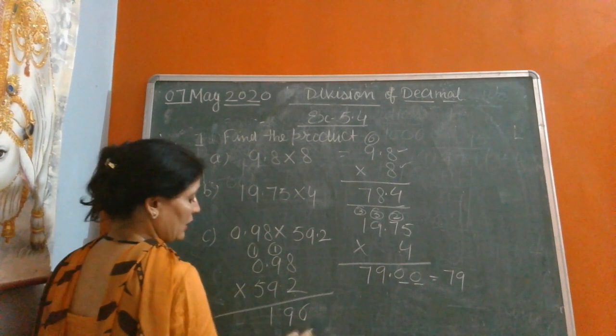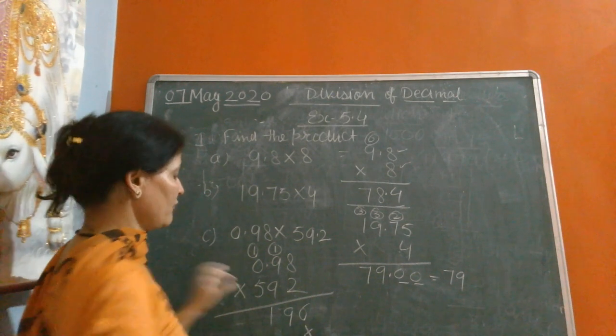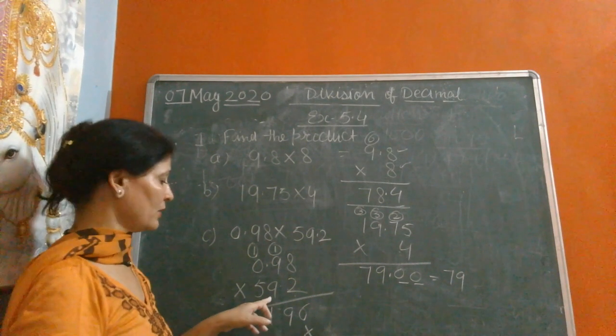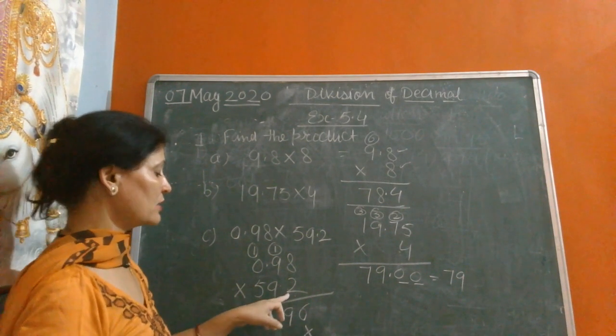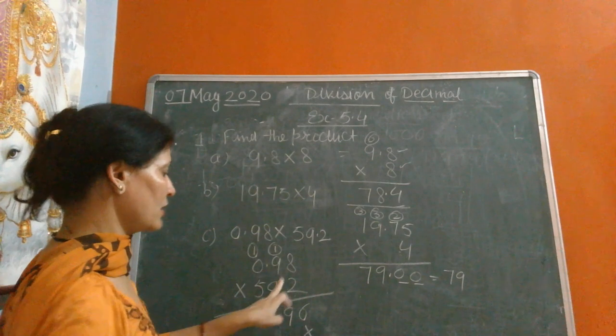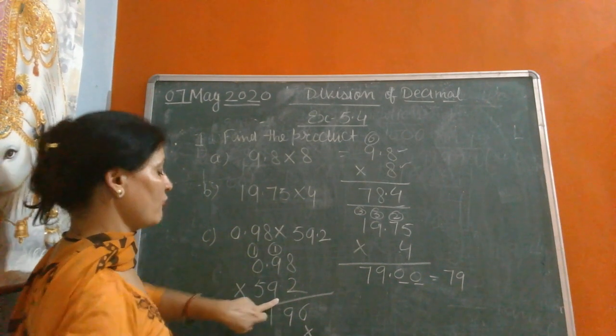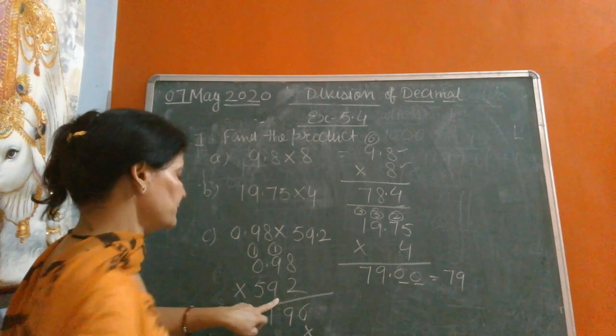Now the second step: we have done multiplication by 2 with this number, and now we will multiply by 9.